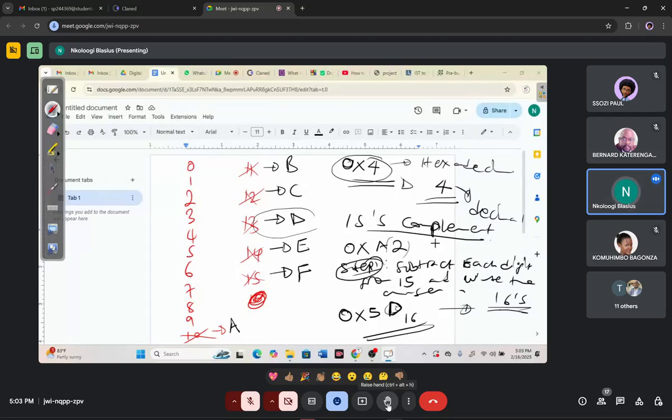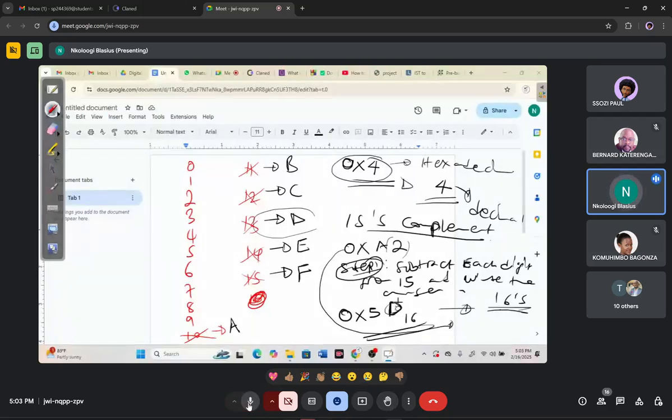But assuming I wanted to proceed in getting the 16's complement, again the rules stay. You get the value, because this was the original number 0xA2. Its 15's complement is 0x5D. So I add 1. Adding 1 will be meaning what? To the 5D, what will you have?